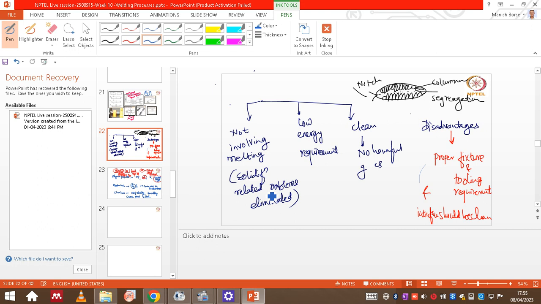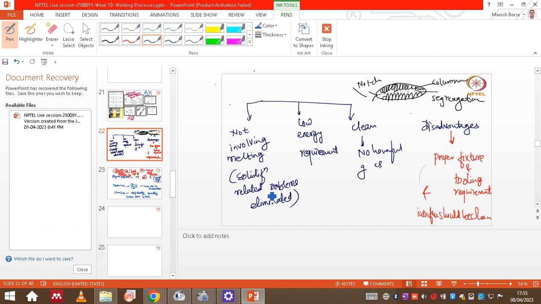certain materials like stainless steel or wrought aluminum alloys are susceptible to the solidification cracking issue, right? Wherever melting is involved in the welding process, this problem is more severe.